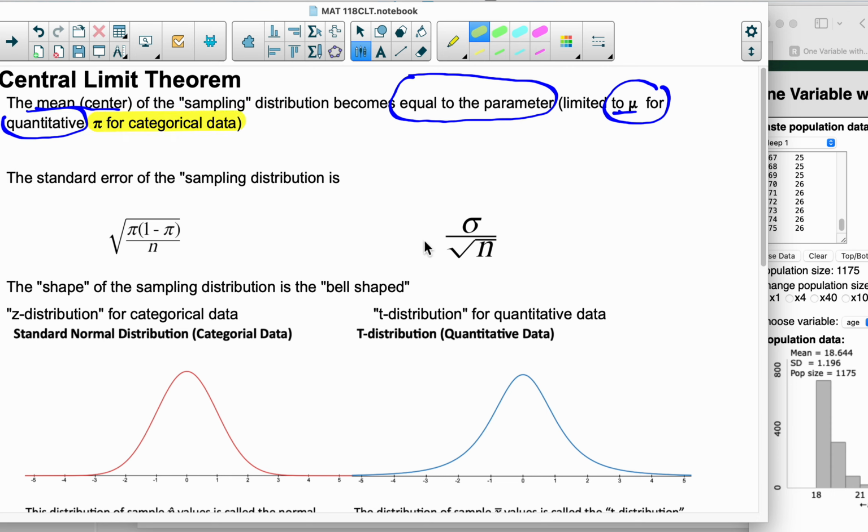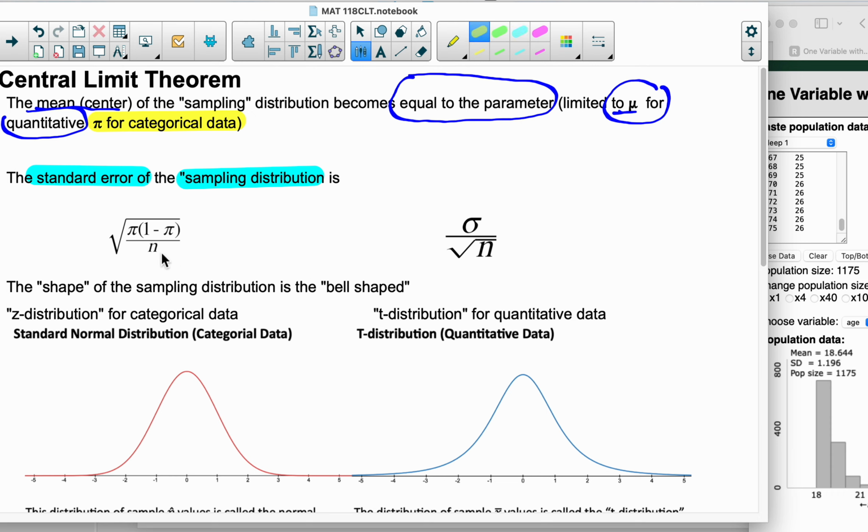The second thing that comes out of it: instead of having to deal with the simulated distribution to tell us the spread or the standard error, we can count on some theoretical behaviors. So the standard error, or the spread of that sampling distribution, is different if we're talking about categorical versus quantitative.